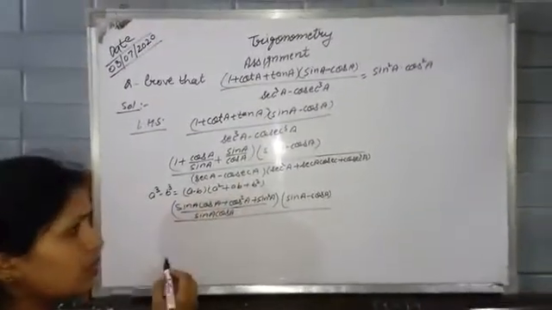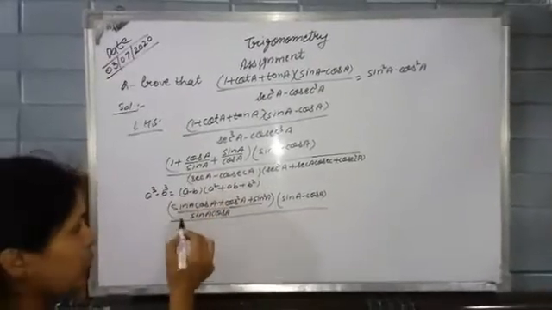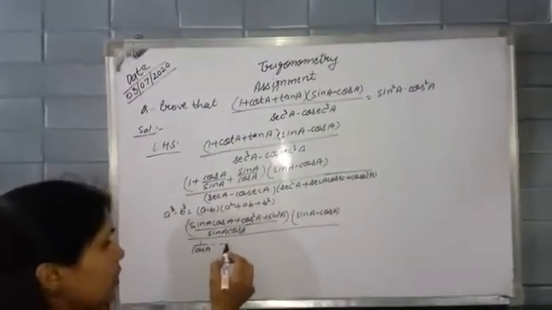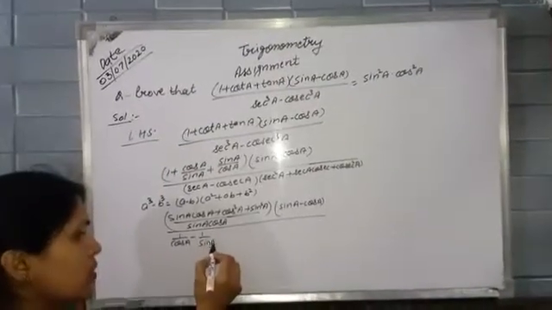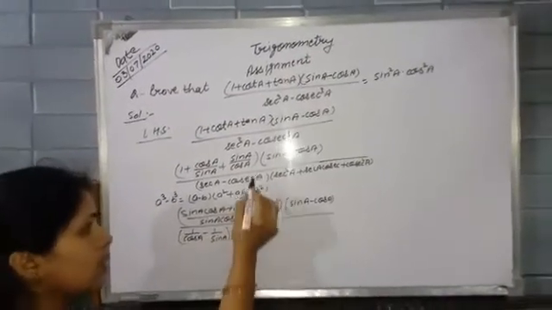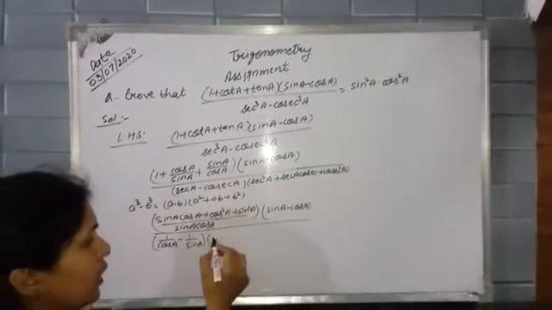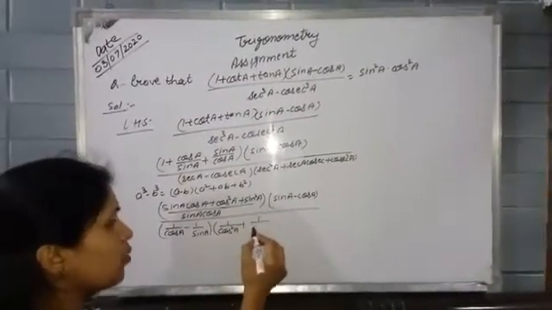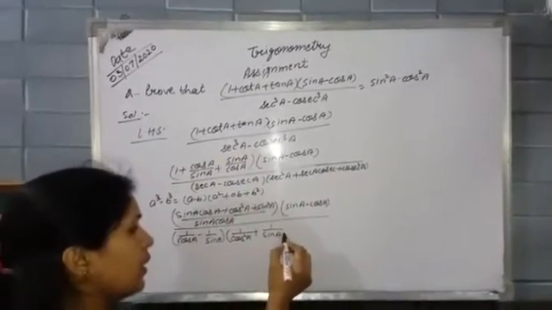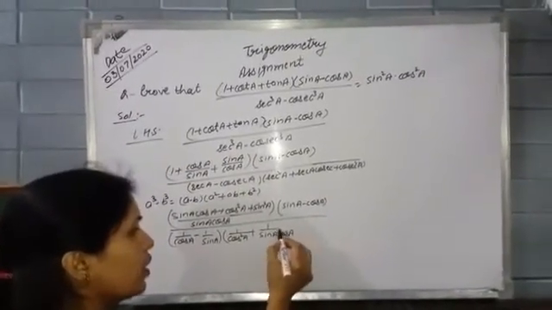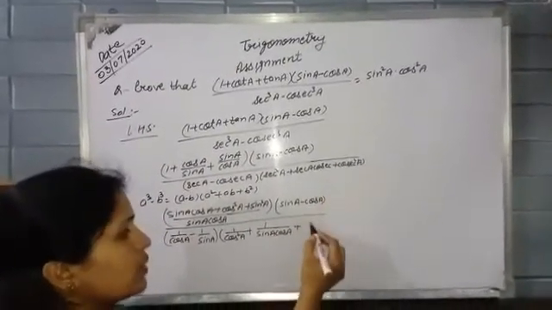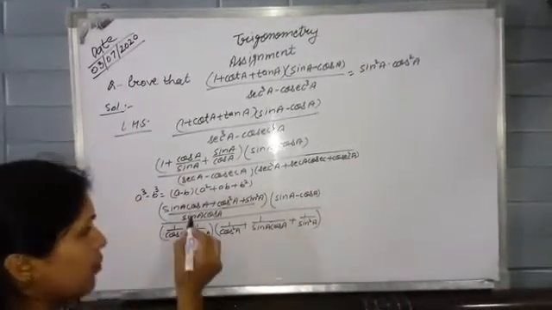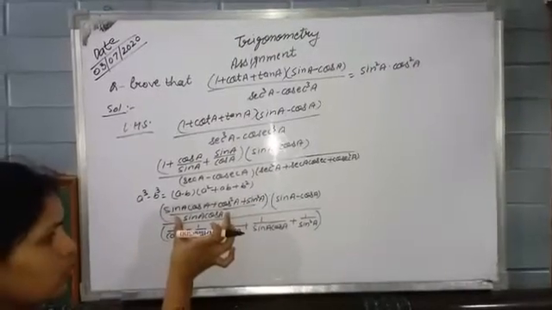Convert secant and cosecant in terms of sin and cos. So secant can be written as 1 upon cos A minus 1 upon sin A. And the next term, secant square A, can be written as 1 upon cos square A, plus 1 upon sin A into cos A, plus cosecant square A, which can be written as 1 upon sin square A. Now here sin A into cos A is the LCM.